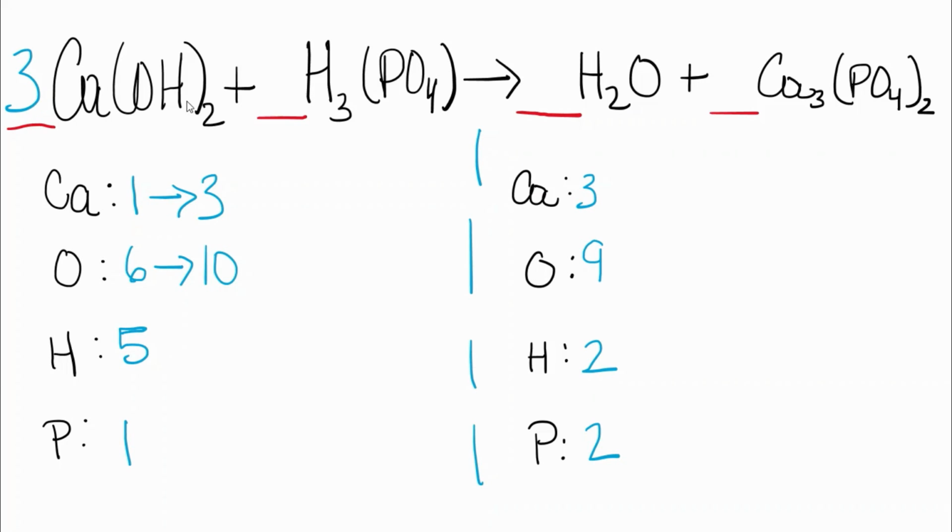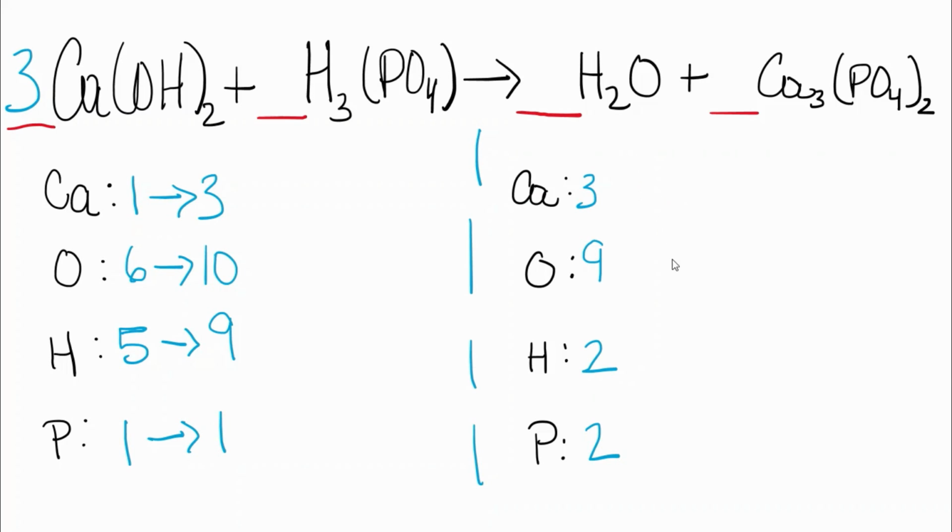For hydrogen, it'll be the 2 hydrogens times 3 plus the 3 we already had, so that will go to 9. And then the number of phosphorus doesn't change, right? So now we have calcium balanced.